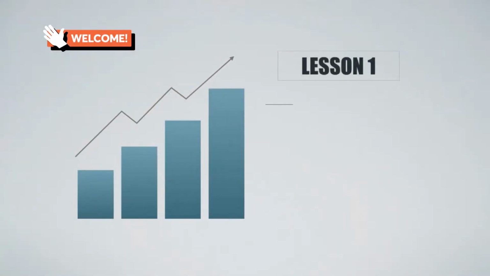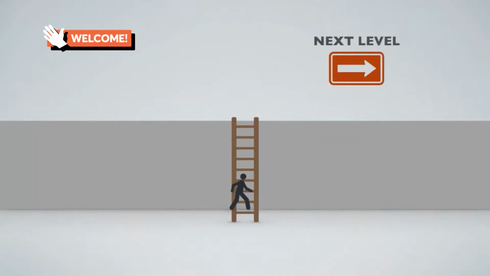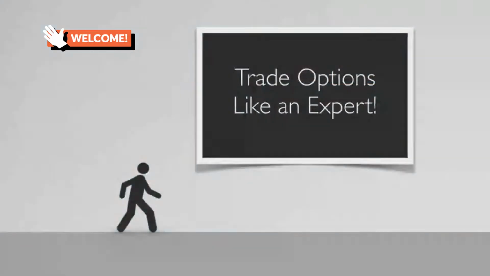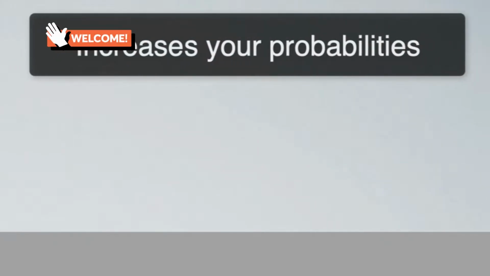Lesson 1. Intro to Options. In the following videos, I'll show you how to take your trading to the next level by showing you how to trade options like an expert. Trading options increases your probabilities because you can make money when a stock goes up, goes down, and even sideways.